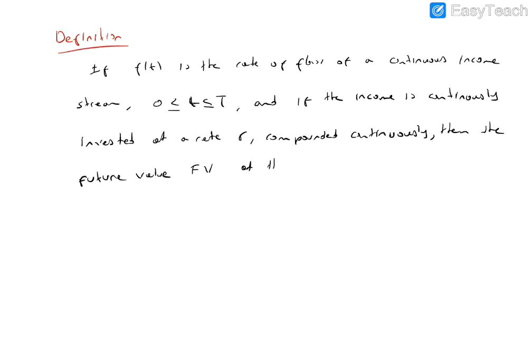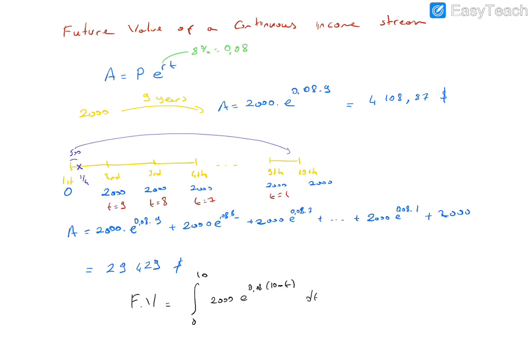Then the future value, denoted by FV, at the end of capital T years is given by the following formula. The future value is the integral from 0 to T of f(t), the rate of flow of the continuous income stream, times e to power r(T minus t) dt.